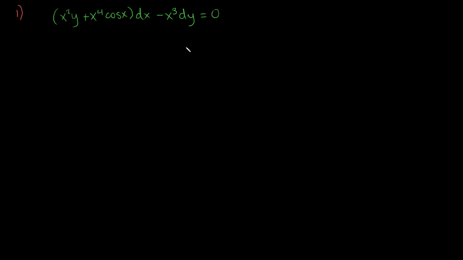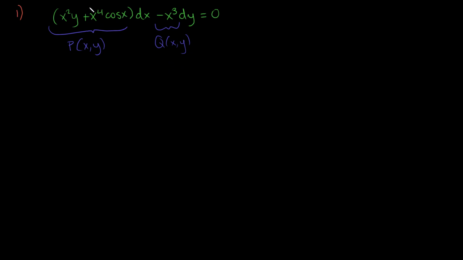Alright, let's test if this is exact, because that's what we know how to do first off. So, if it was exact, then we would have that this is p of x y, this is, including the negative sign, q of x y, and if it was indeed exact, then we would have that the partial derivative of p with respect to y equaled the partial derivative of q with respect to x, so let's calculate that out.